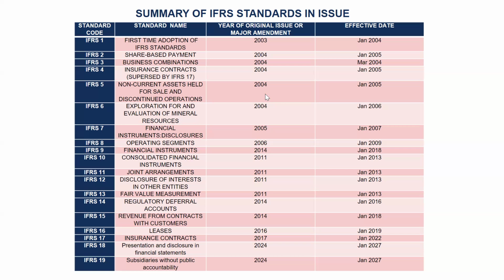IFRS 18 is a new standard that deals with presentation and disclosure in financial statements, which was issued in 2024 and shall be effective from 1st of January 2027. The standard brings about some significant changes on presentation and disclosure, especially on the structure of the statement of profit or loss and other comprehensive income, in that now revenue and expenses will be classified into 5 categories: operating category, investment category, financing category, income taxes category, and the discontinued operations category.